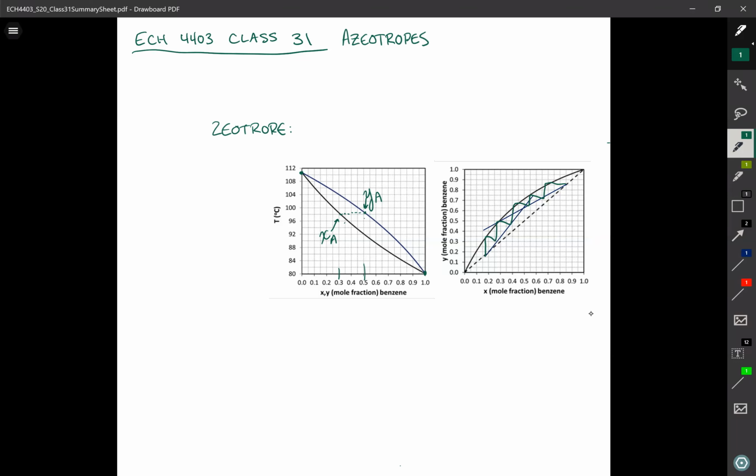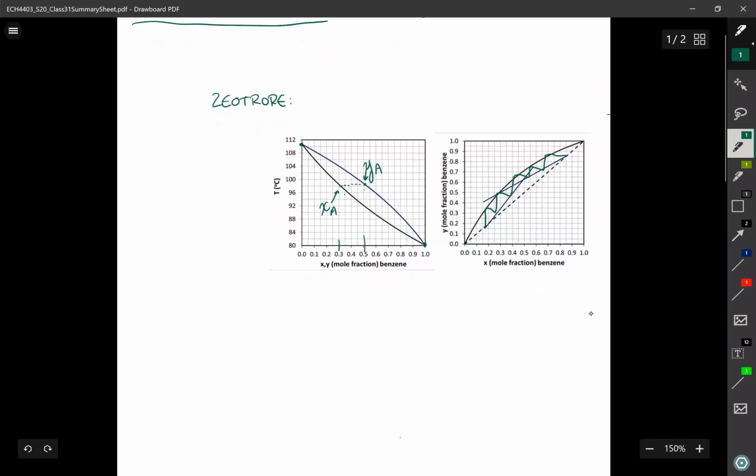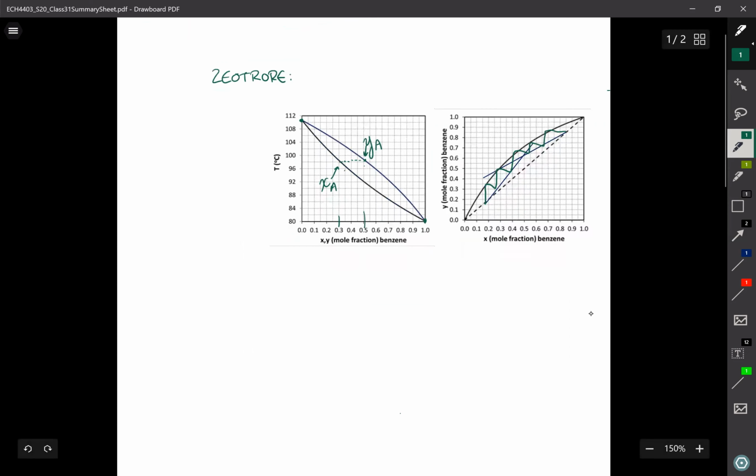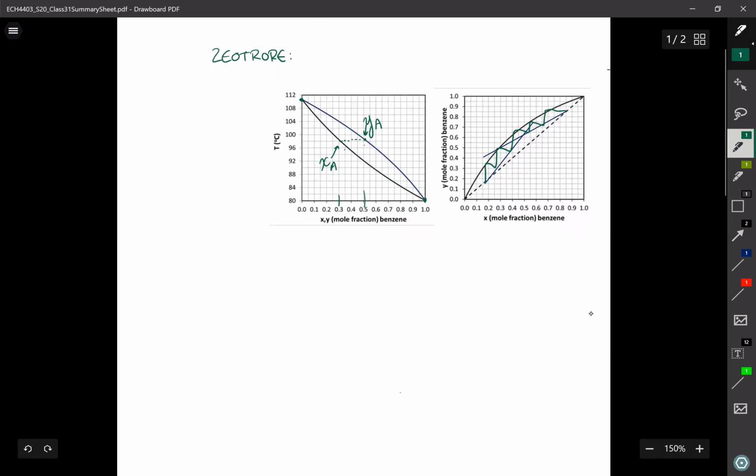And today we're going to talk about azeotropes. So what happens when the equilibrium data is not so nicely represented? Although where the equilibrium data comes from is more a topic for a phase equilibria class, I think we can do a little bit of reintroduction. Remember, it comes from Raoult's law. Because I have two components, I can write two Raoult's laws.